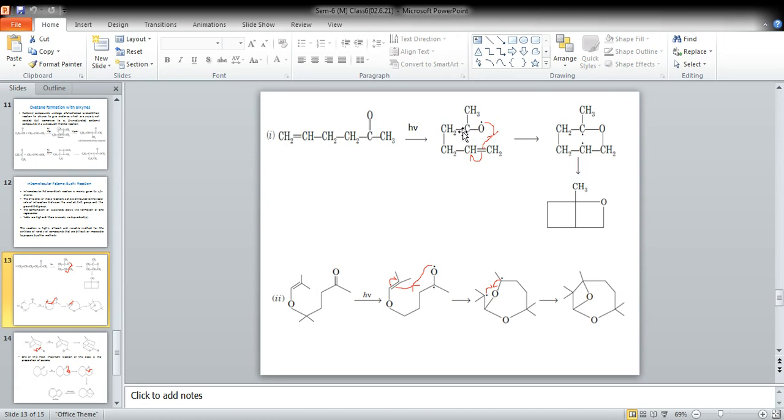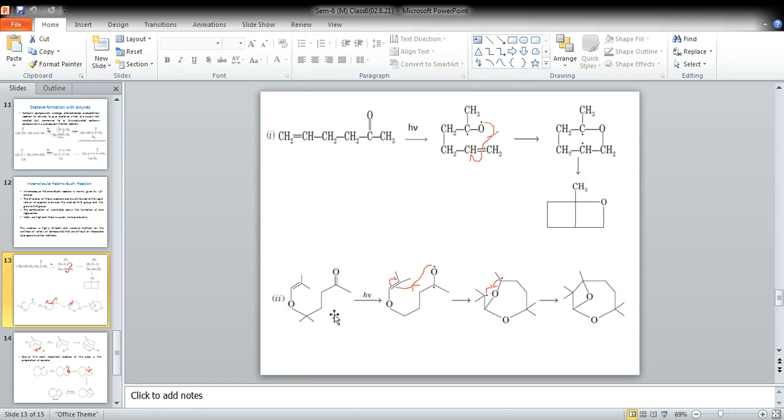Now, because this particular carbon is already a tertiary free radical and the oxygen free radical is more reactive compared to this tertiary free radical, therefore this oxygen free radical will combine with CH2 in this position, and in the process there will be free radical generation at this particular carbon. So the free radical will now be secondary. So in the next step, these two free radicals, meaning this biradical, will combine directly to give this particular oxetane.